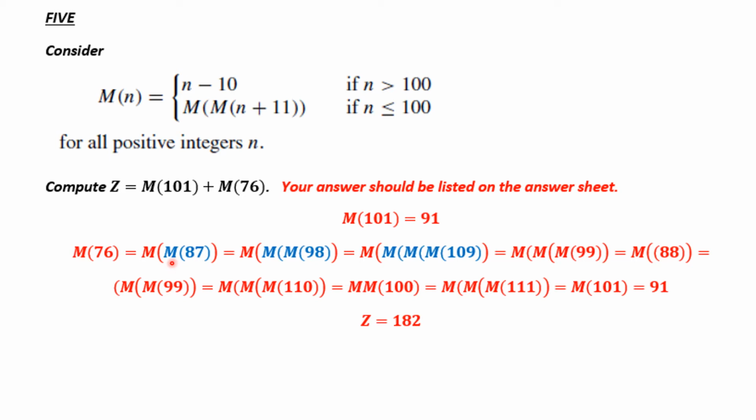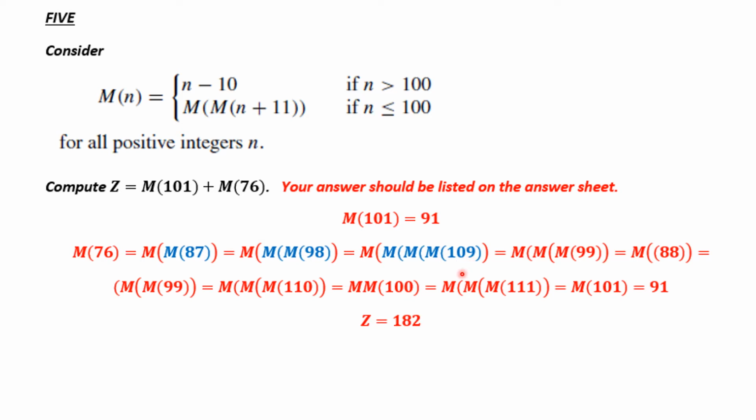But M of 87, by definition again, is M of 98. So I have this composition of recursion functions. But M of 98 is M of 109.